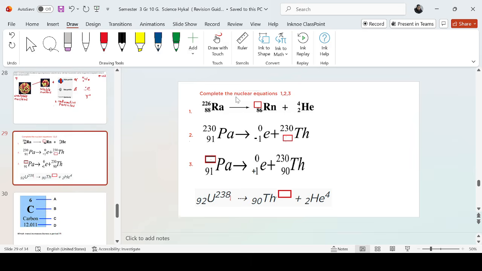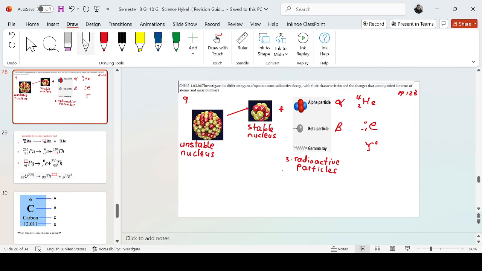Maybe the last question. Okay? Spontaneous radioactive decay with characteristics and the charge accompanied, in terms of atomic and mass number. Okay. So we said radioactive particles which are very big, they break down in order to become stable. They are very unstable, so they break down.